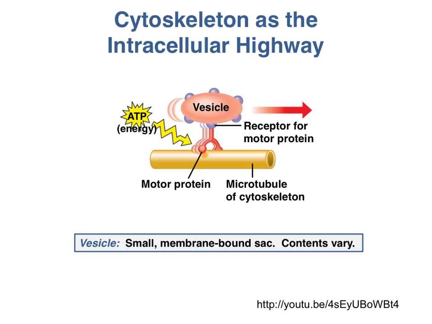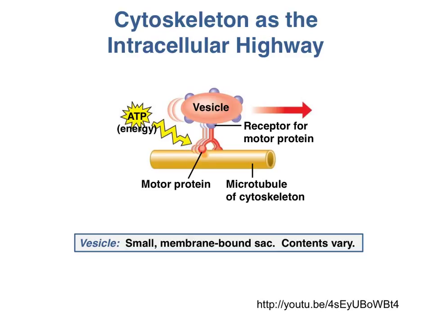This is just showing you what I mean by microtubules acting as the intracellular highway. There are motor proteins that can grab onto vesicles or chromosomes and walk along the microtubule carrying that vesicle. It's energy intensive, it does require ATP, but that's how vesicles get transported through a cell.